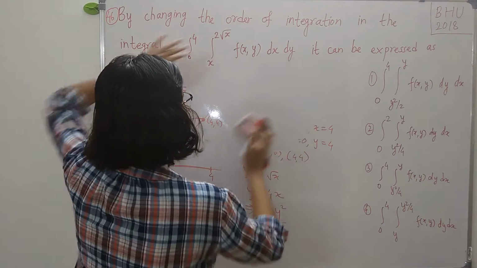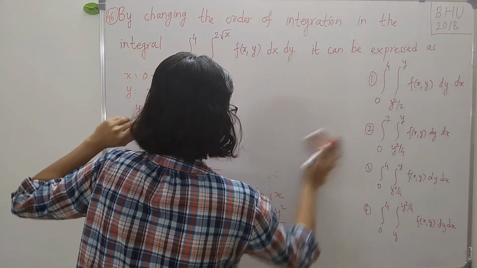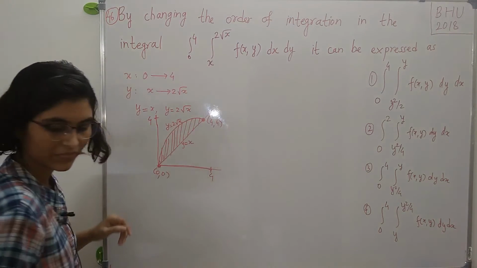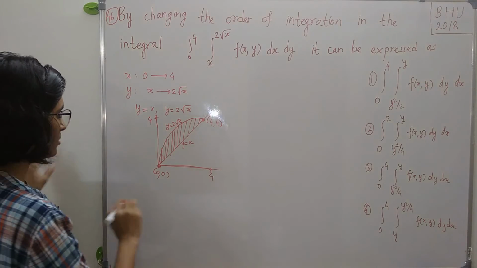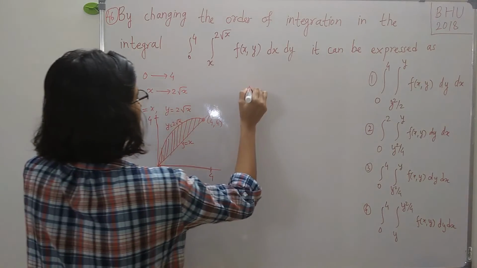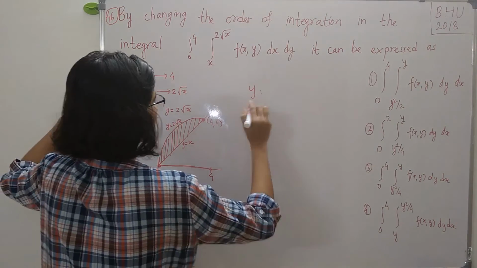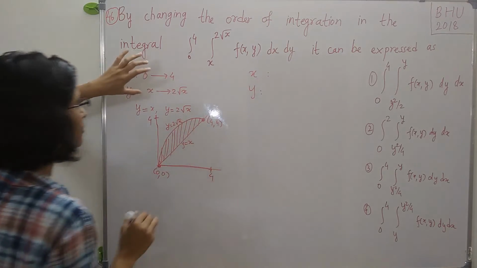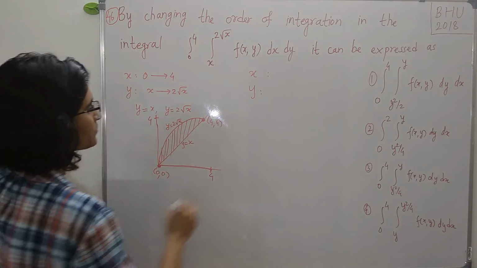So this is about this integral. Now change the order of this integration. So we have to change this order, means you write y in terms of constant limits, and x in terms of y.